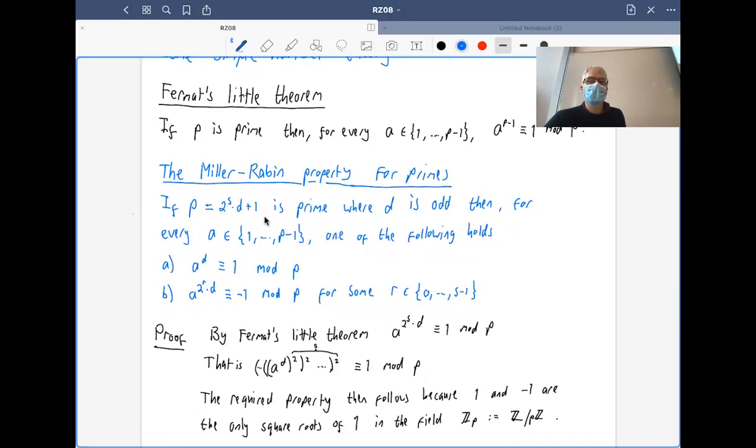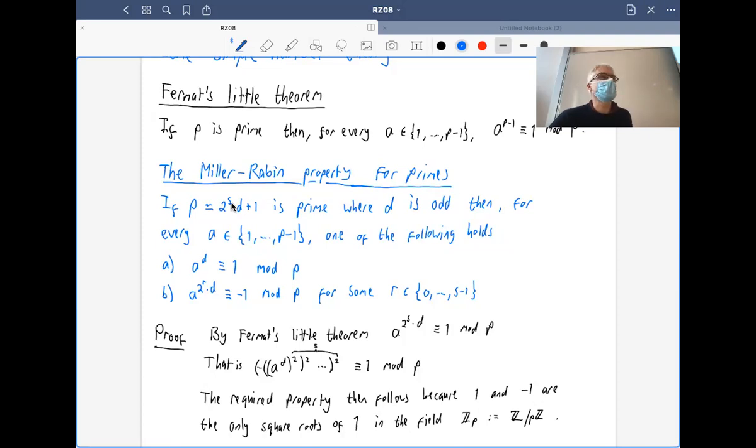Because if you've got an odd number, subtract 1 from it and you get an even number. Divide by 2 as many times as you can. The number of times you can divide by 2, well, that's s minus 1.